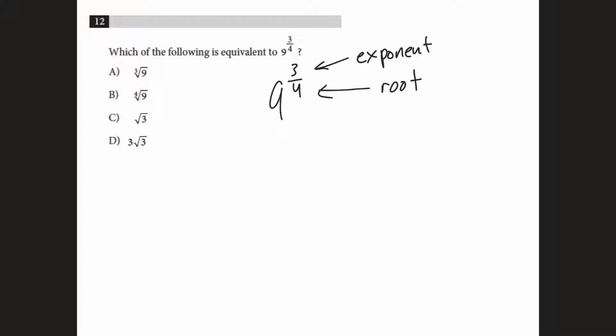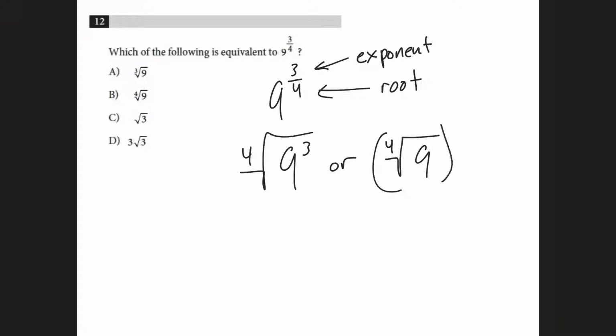So it's going to be either the 4th root of 9 to the 3rd, or the 4th root of 9 to the 3rd.